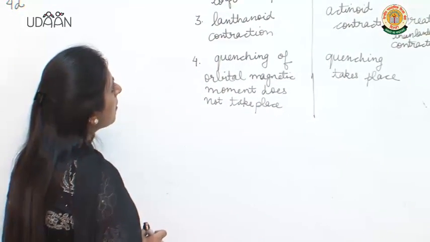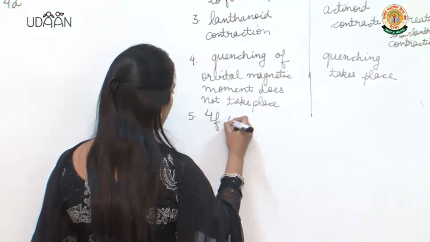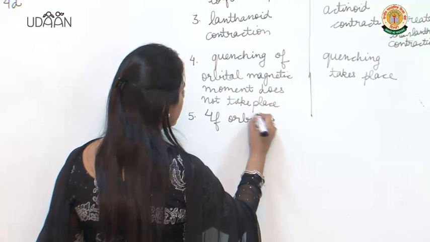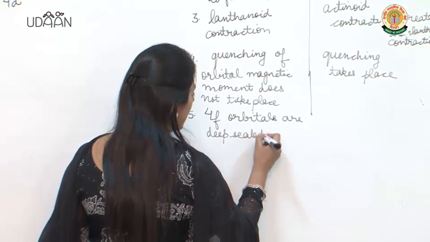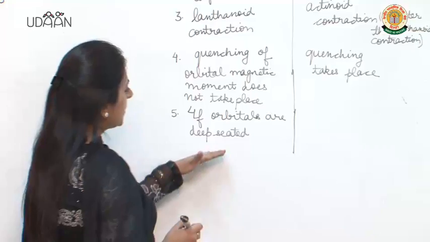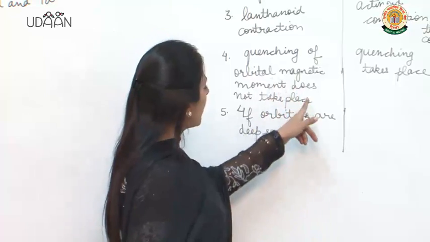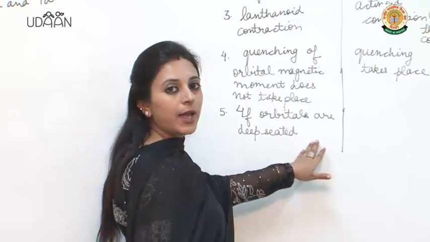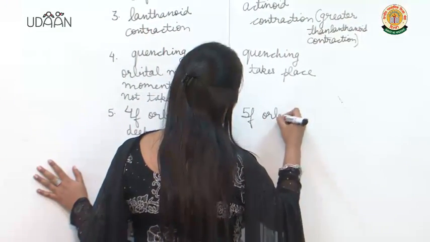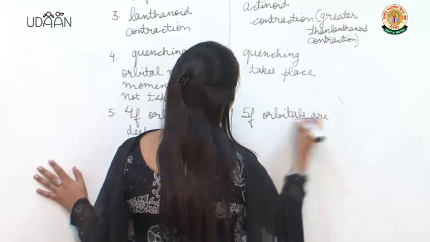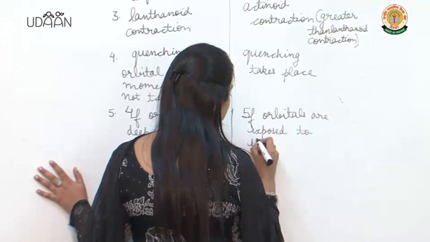Then what are the other differences between lanthanoids and actinoids? The 4f orbitals are deep seated, and because of the 4f orbitals being deep seated, quenching of orbital magnetic moment is not taking place, and in case of actinoids, the 5f orbitals are exposed to the environment.